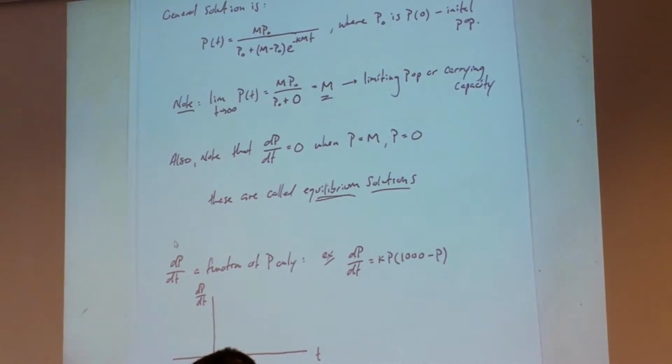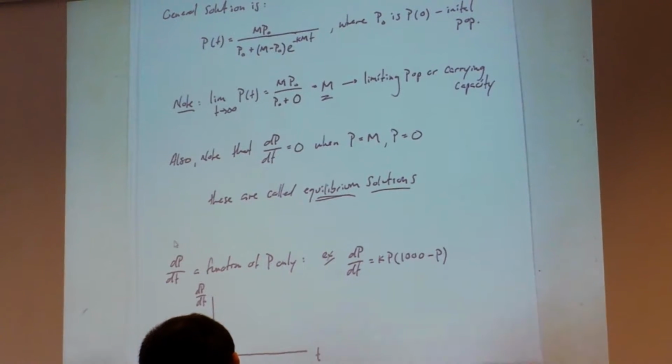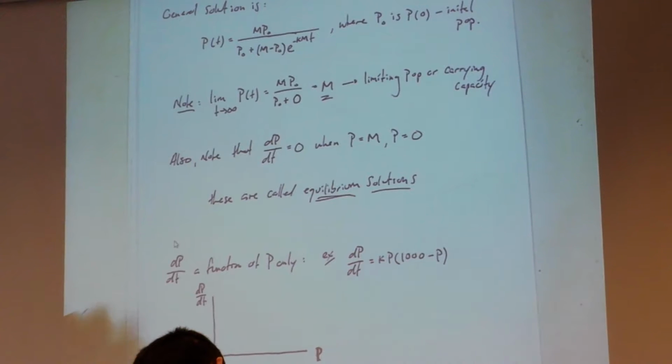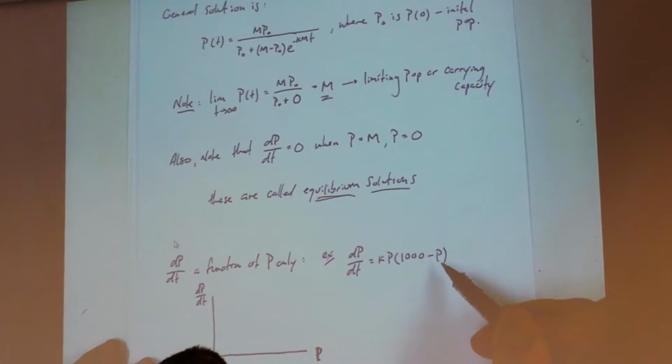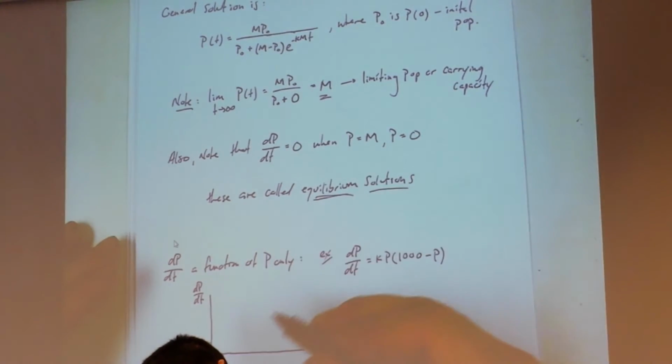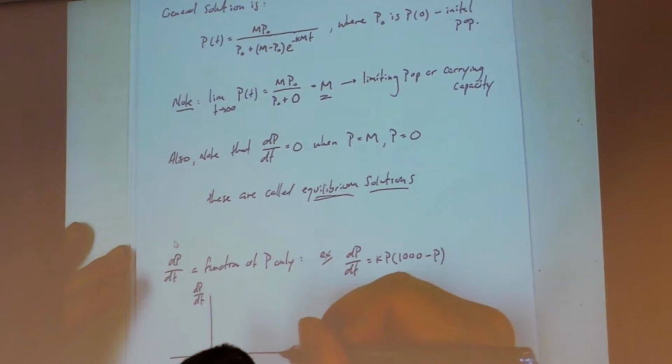Oh, sorry, no, this is p. This is a function of population only. So the values of p that make the derivative 0 are 0 and 1,000.